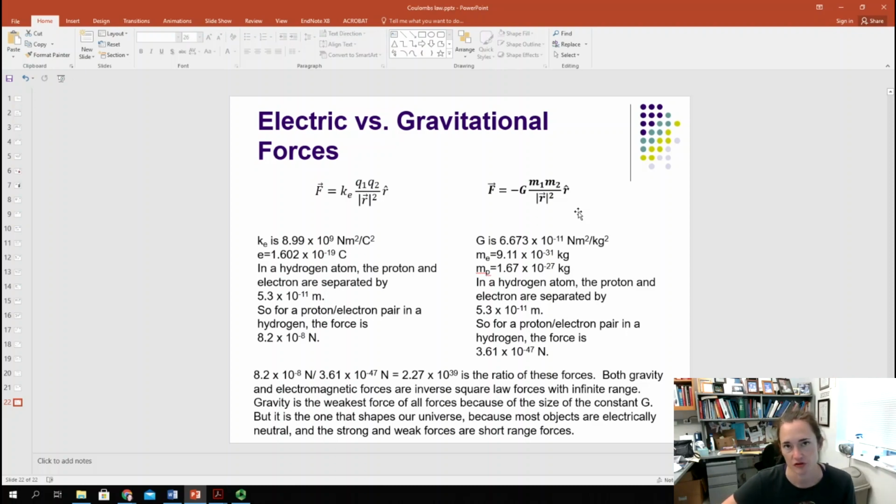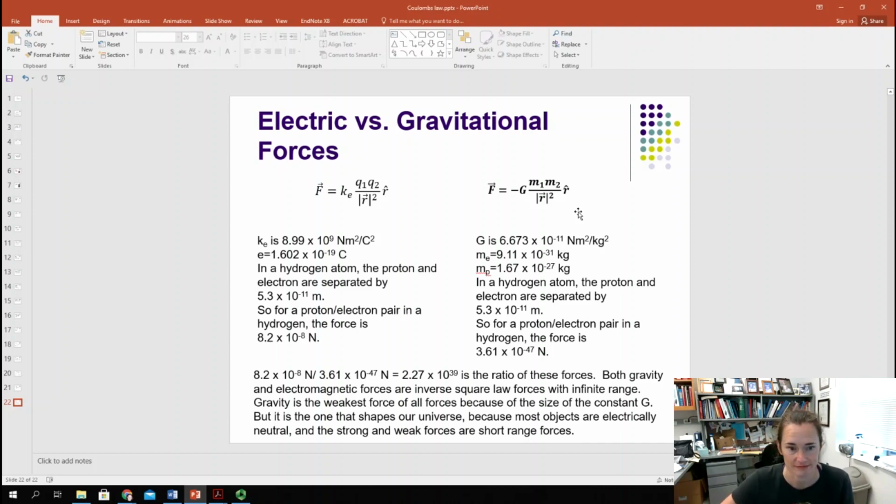So for the magnitude of that force, we get 6.673 times 10 to the minus 11 times 9.11 times 10 to the minus 31 times 1.67 times 10 to the minus 27 divided by 5.3 times 10 to the minus 11 squared. When you do that, you get a super, super tiny force: 3.61 times 10 to the minus 47 newtons.